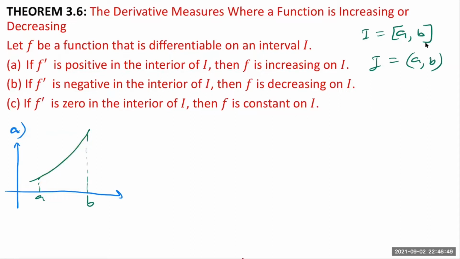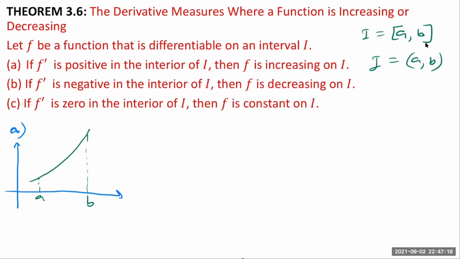If your f prime is positive in that interval, what is a characteristic of this function? As you can see from the graph, this is an increasing function in that interval. Your graph is going up. As x increases, your y also increases. Or in other words, your graph is going up when x goes from left to right.